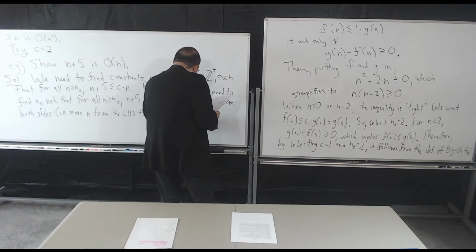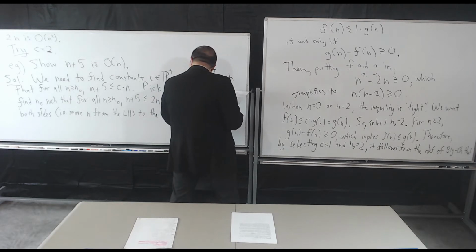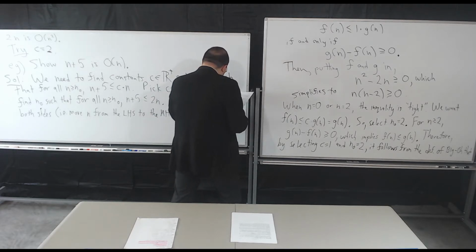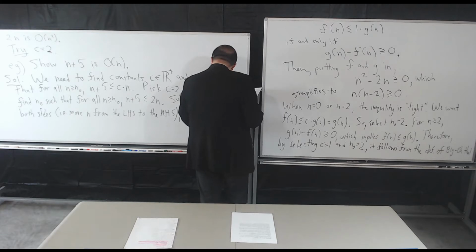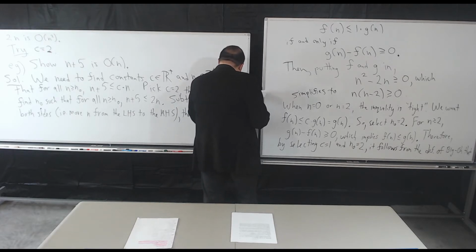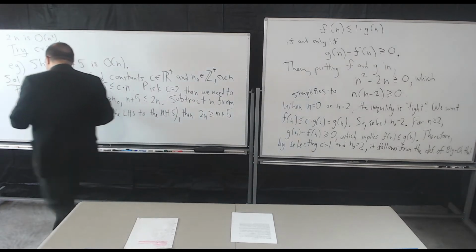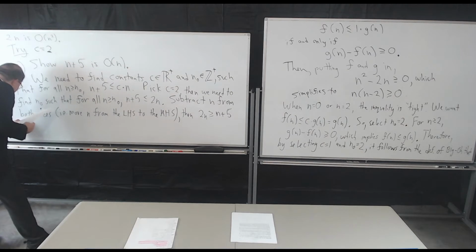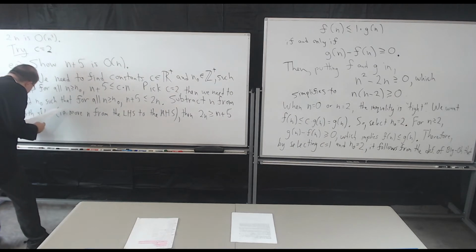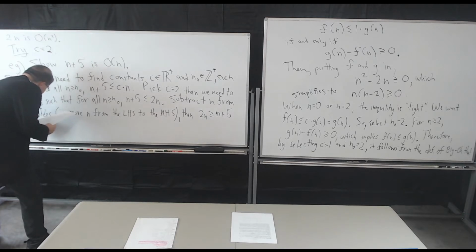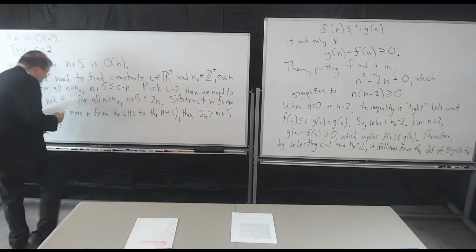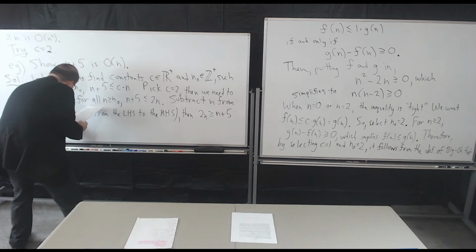Then 2n is greater than or equal to n plus 5. I've just flipped this around a little bit, just rewrote it. If and only if n is greater or equal to 5.